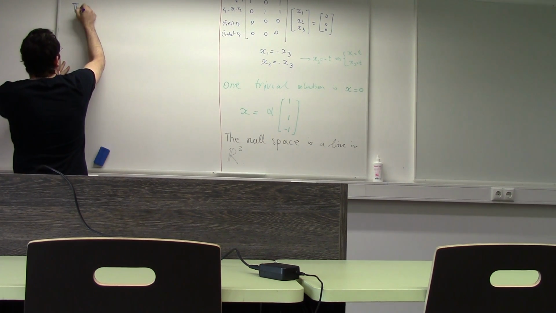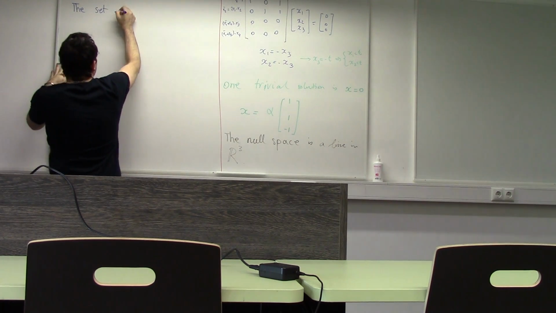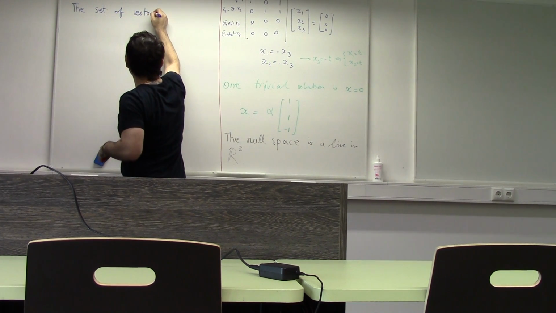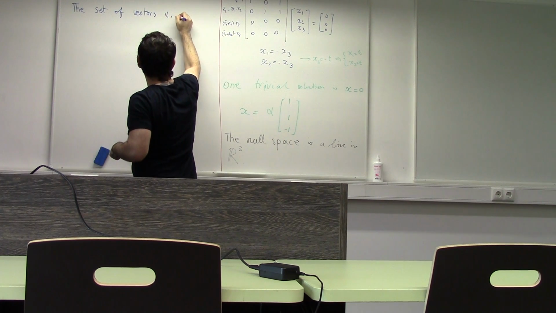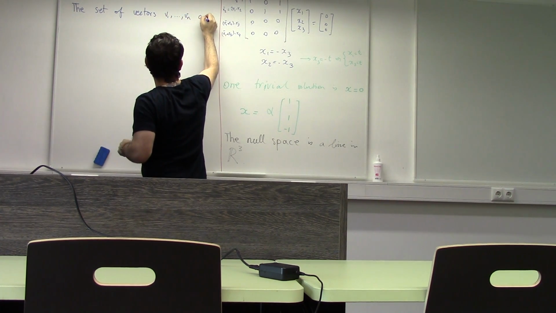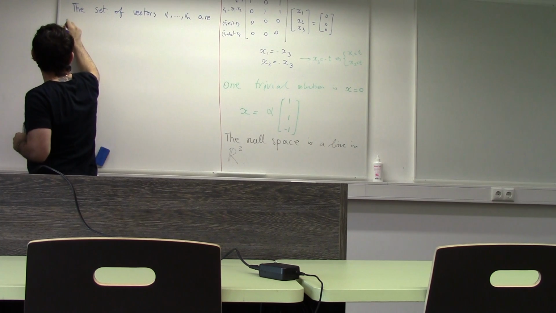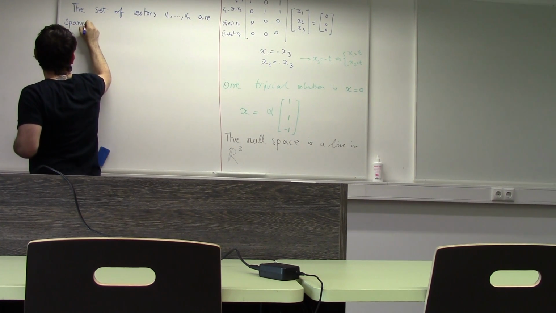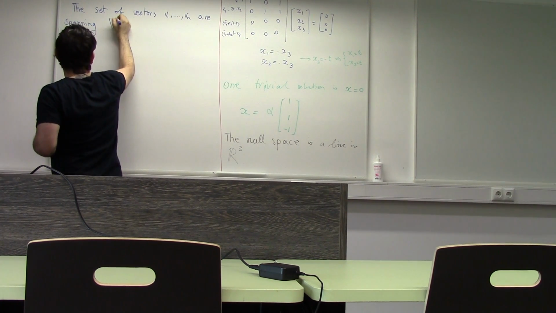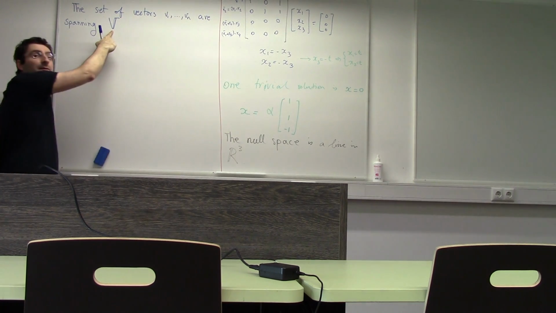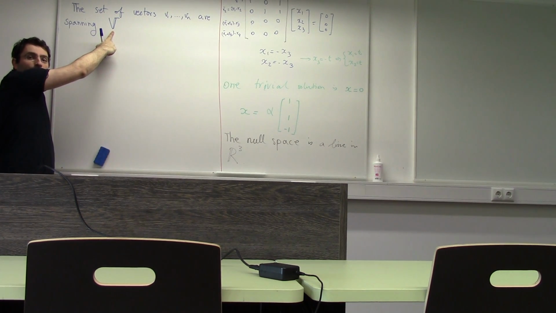The set of vectors v1 till vn are spanning. What is this? It's a vector space.